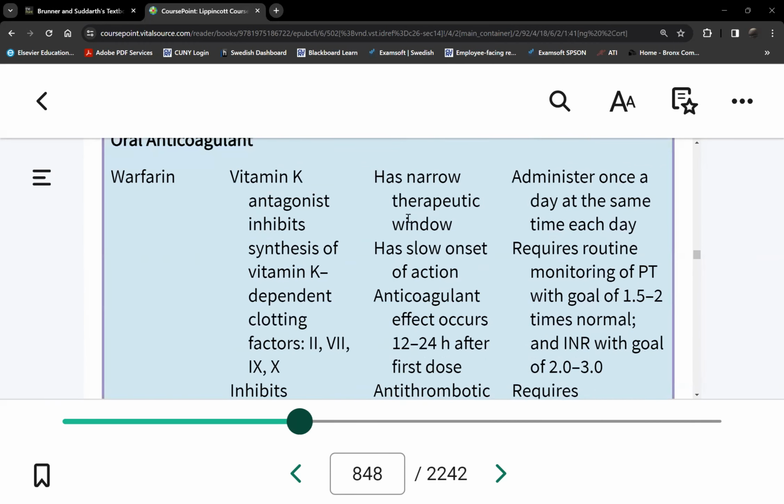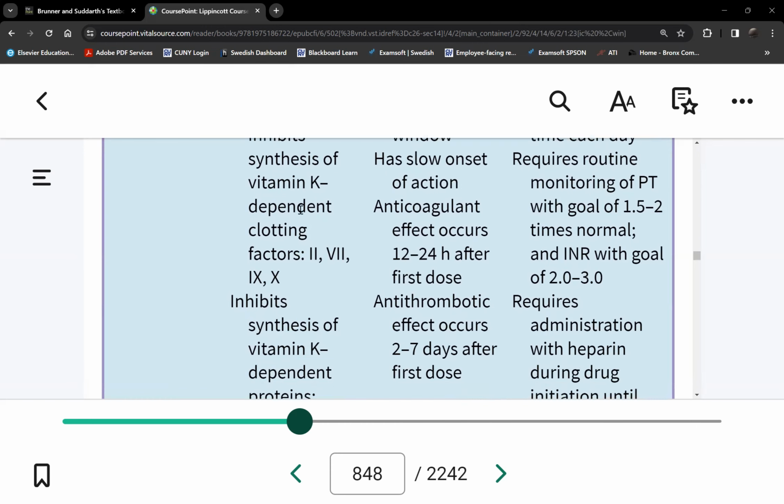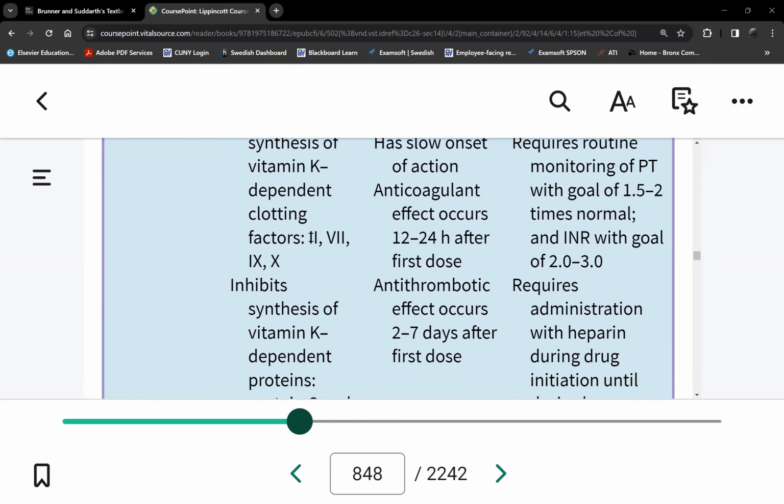So let's talk about warfarin. If the doctor chooses warfarin as the most appropriate anticoagulant for the patient, it is a vitamin K antagonist. What is the role of vitamin K in clotting? Factors 2, 7, 9, and 10 depend on vitamin K for production.